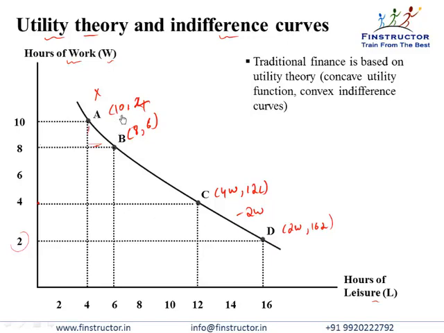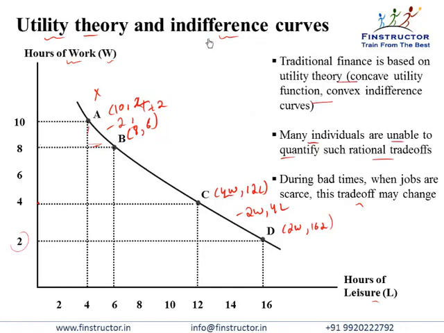But here, when I'm already working 10 hours, I'm willing to give up my 2 hours of work for an additional 2 hours of leisure. But when I'm just working for 4 hours, then if I want to give up 2 hours of work, I'll not be satisfied with just 2 hours of leisure. Then I better be getting 4 additional hours of leisure if I am to give up 2 hours when I'm already just working 4 hours.